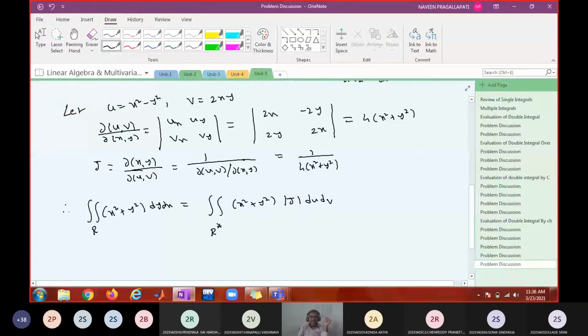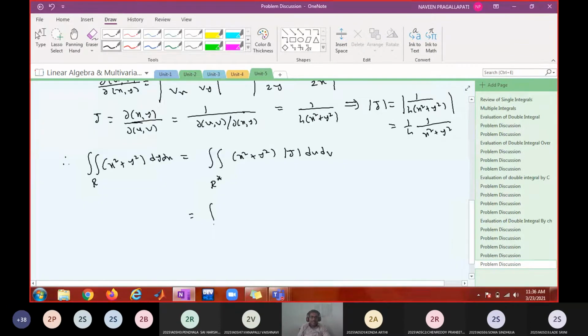So what is modulus of J? Because x square plus y square is non-negative, modulus of J is also the same. So this will be 1 by 4 times 1 by x square plus y square only. So this is double integral over R star of x square plus y square, modulus of J is 1 by 4 times x square plus y square, du dv.